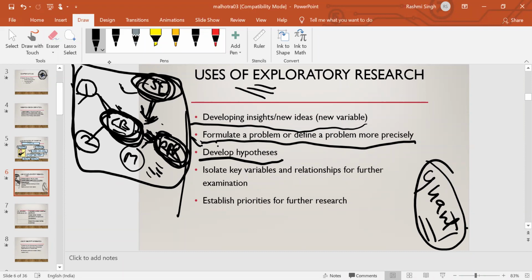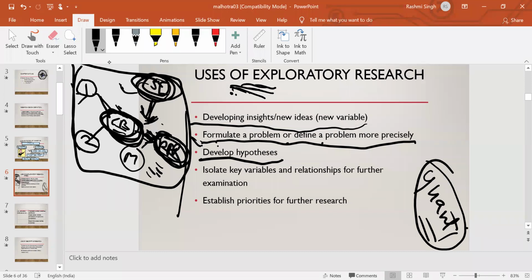When exploratory research comes, you will never perform quantitative. You will generally perform qualitative research, and from that qualitative research information, you will take your decision. Exploratory research is to formulate a problem or define a problem more precisely.